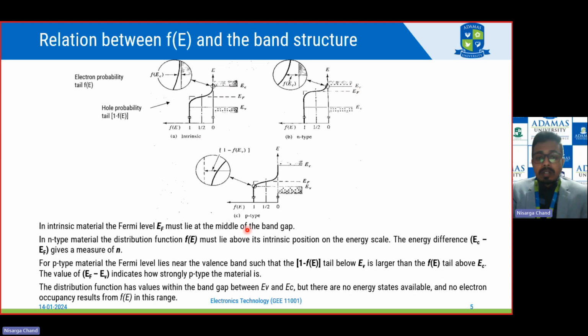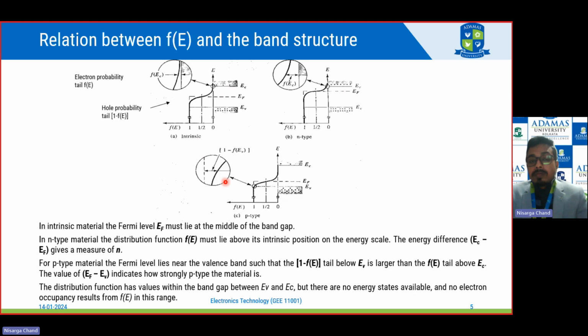But for p-type material, it's near the valence band, because holes are generated. There are group 3 elements, either boron or aluminium. So that is very near to the valence band, you can see.